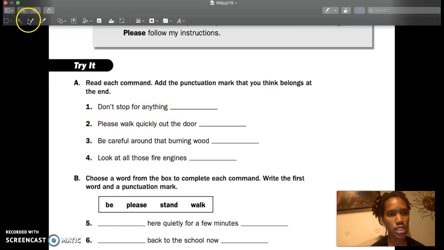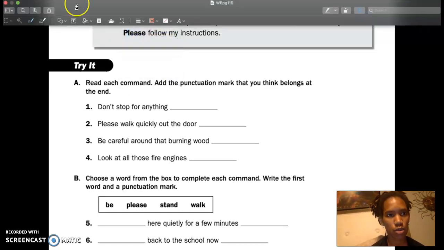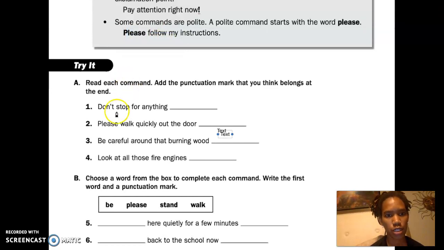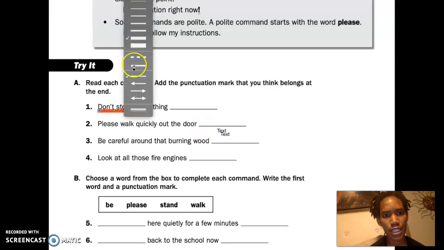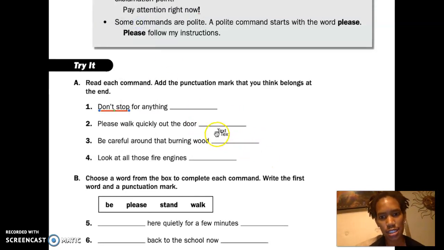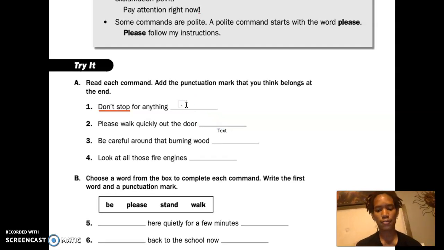Well, we see, and also while we're here, let's just get our text box ready. We see don't stop, right? This needs a period and is a command.